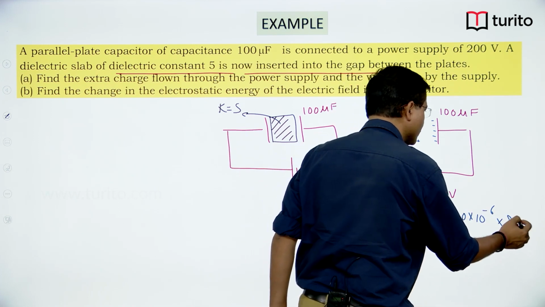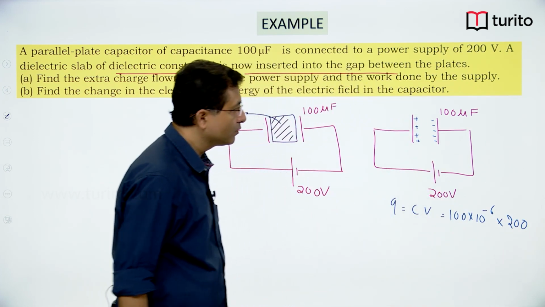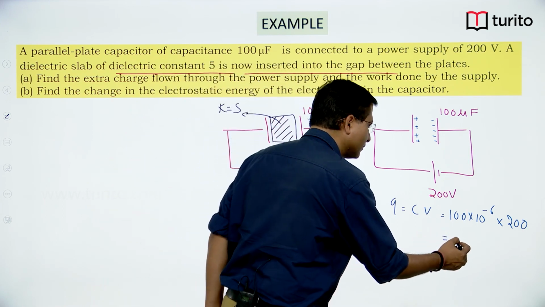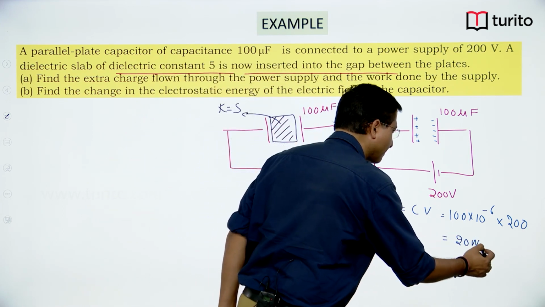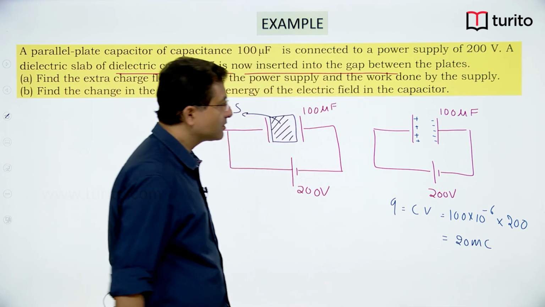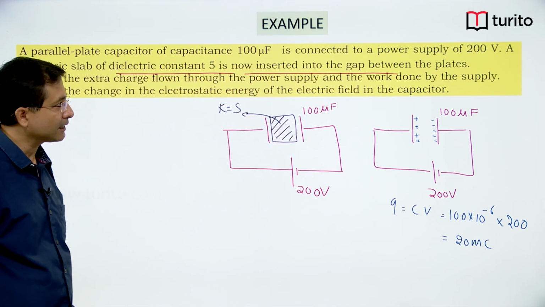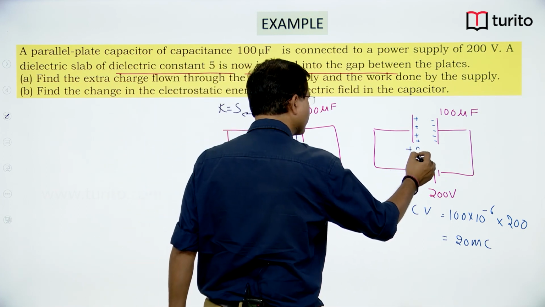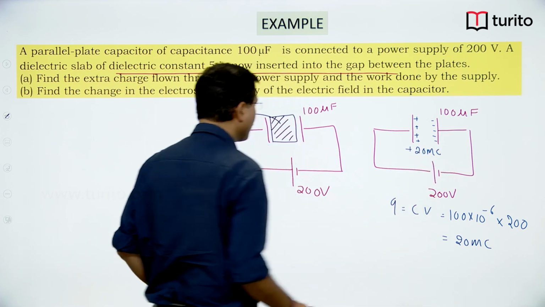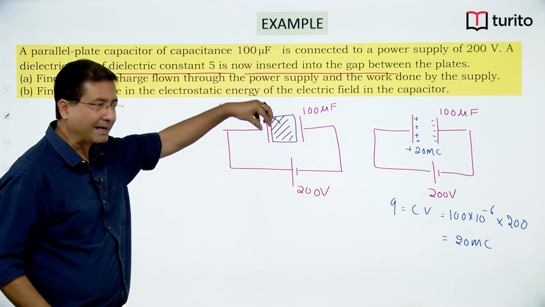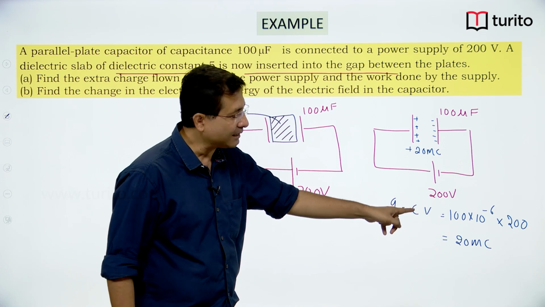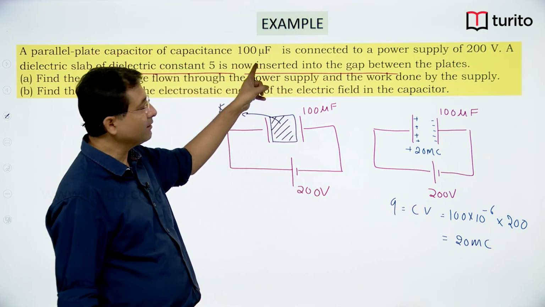into, so we are getting 20 millicoulomb. This much charge was there on the capacitor earlier. Now when you add the dielectric, the capacitance will become K times, and K is 5.